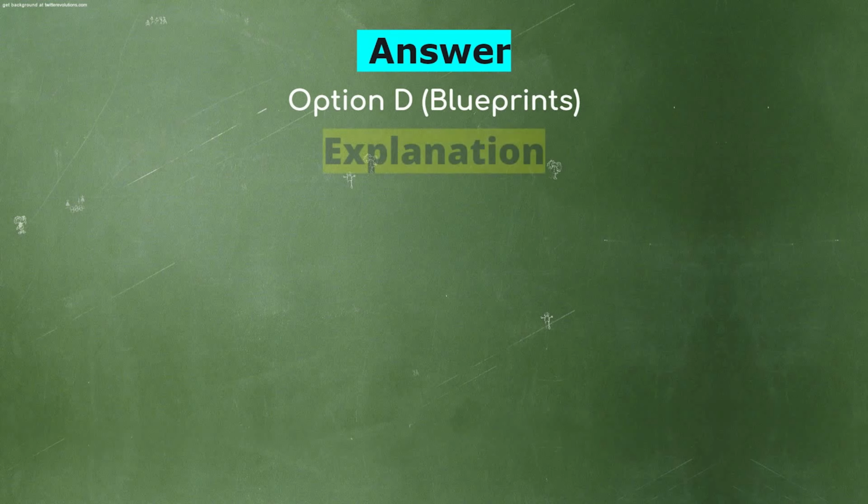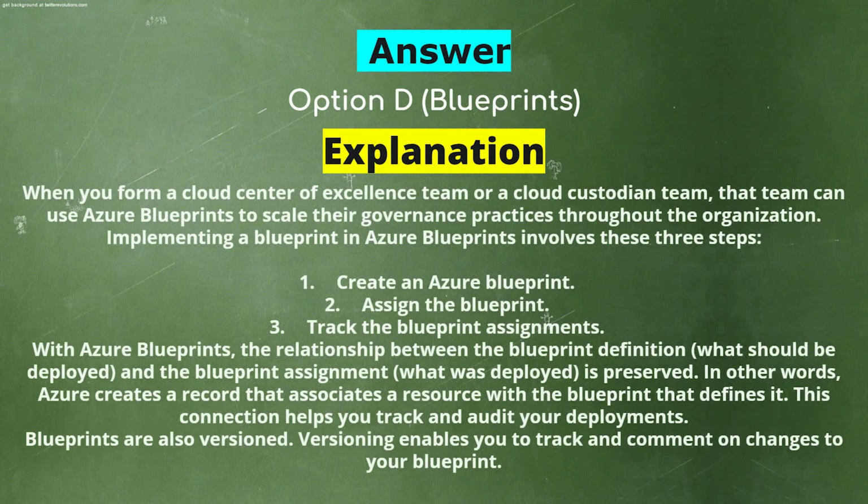Blueprints. Explanation. When you form a Cloud Center of Excellence team or a Cloud Custodian team, the team can use Azure Blueprints to scale their governance practices throughout the organization. Implementing a blueprint in Azure Blueprints involves these three steps. Number 1, create an Azure blueprint. Number 2, assign the blueprint. Number 3, track the blueprint assignments.